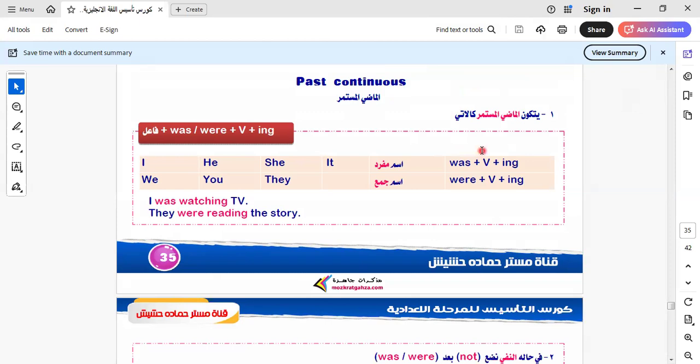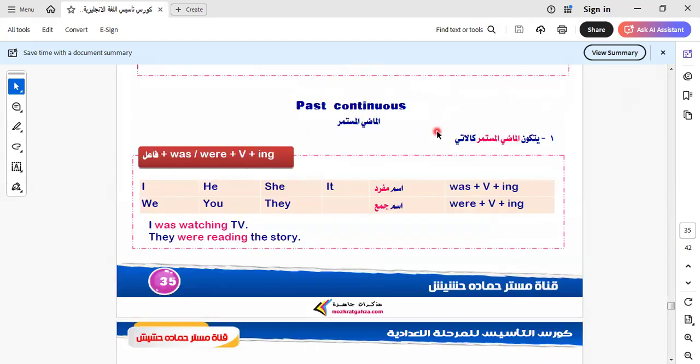Past simple is an action that happened and ended. The past continuous happens at a specific time in the past, but it can be continuous, it can be ongoing. But when we talk about the past simple, the action happened and ended, and it can't have any continuing effect.